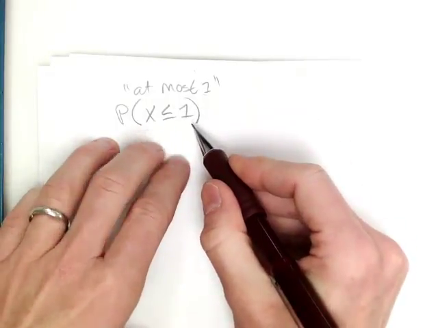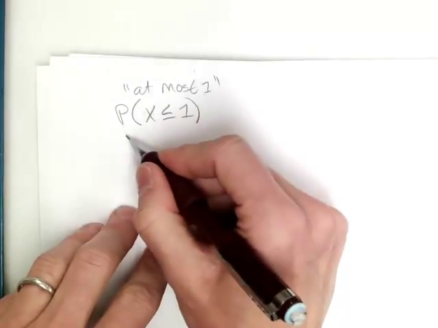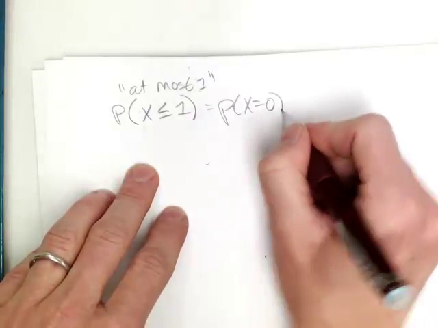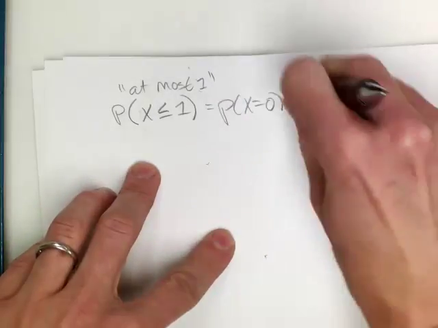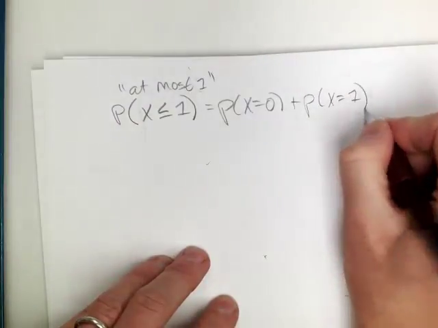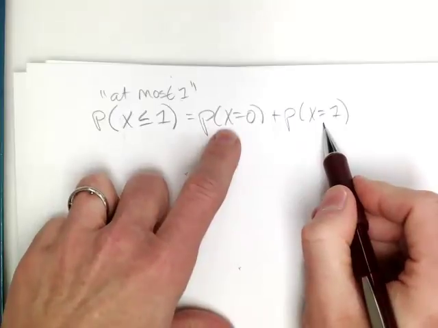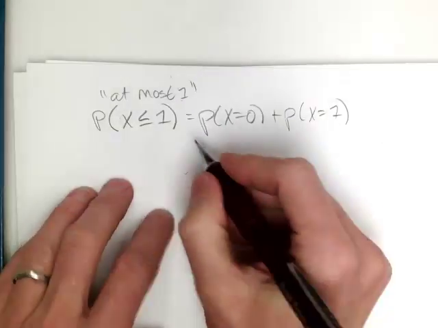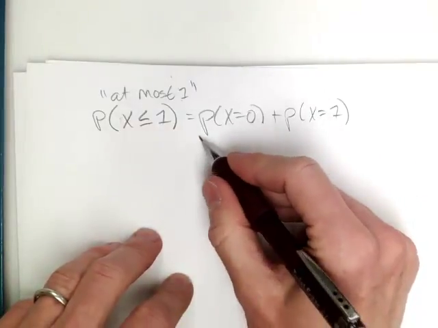Now we can use the binomial CDF directly here, because this is the same thing as saying probability x is equal to 0 plus the probability x is equal to 1. I can again find those two separately using the binomial PDF, but it would be a little bit quicker to use the binomial CDF.